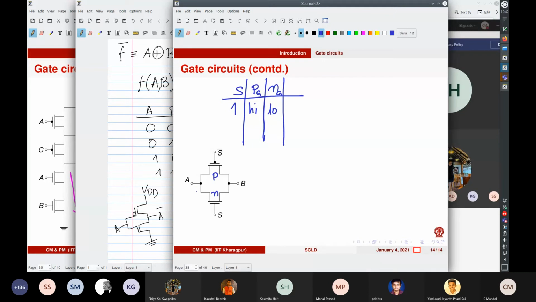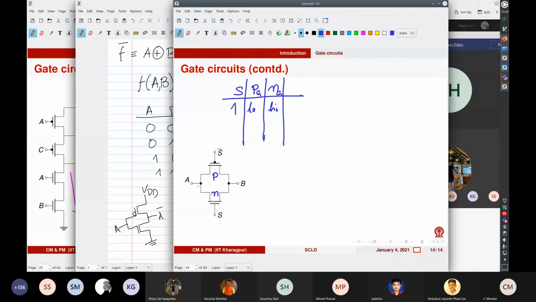It should be opposite. Have I done it wrong? Yes, so let me just correct it. So when S is high, this is low and this is high.